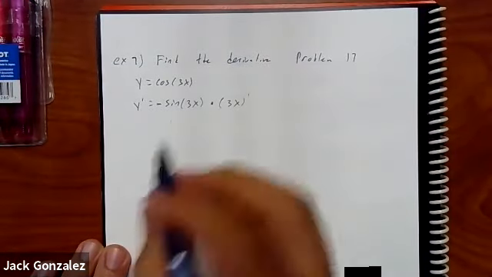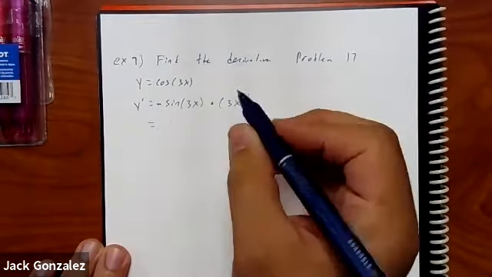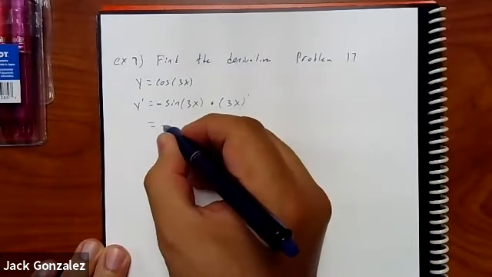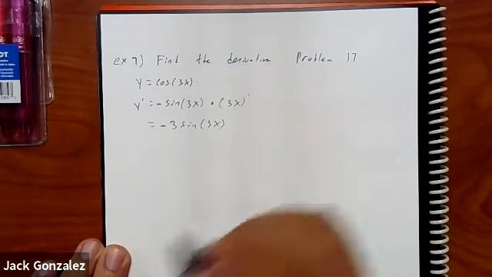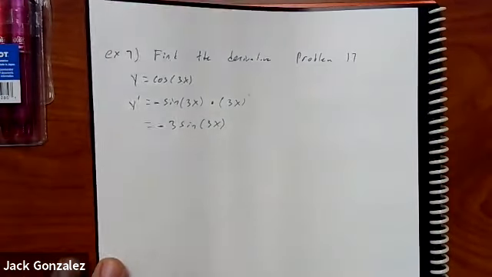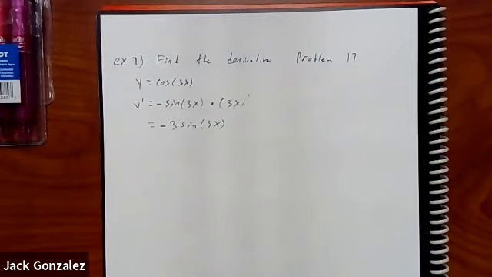So it's the same deal. It's just the functions are different. Derivative of 3x would be 3. So the answer would be 3 sine of 3x. Is that straightforward?